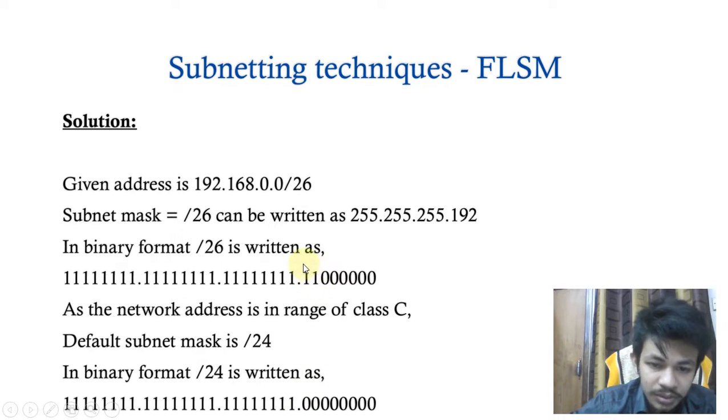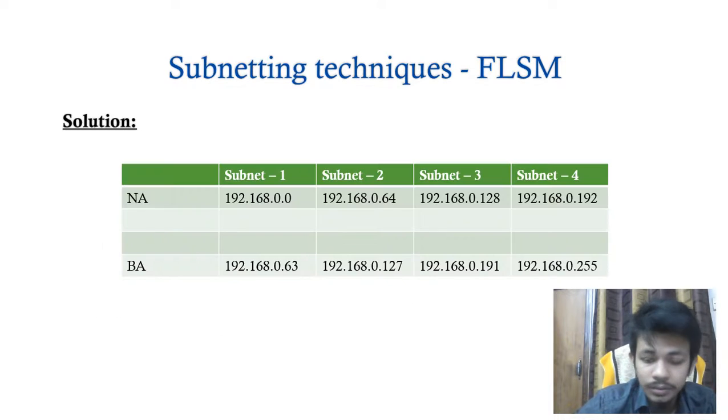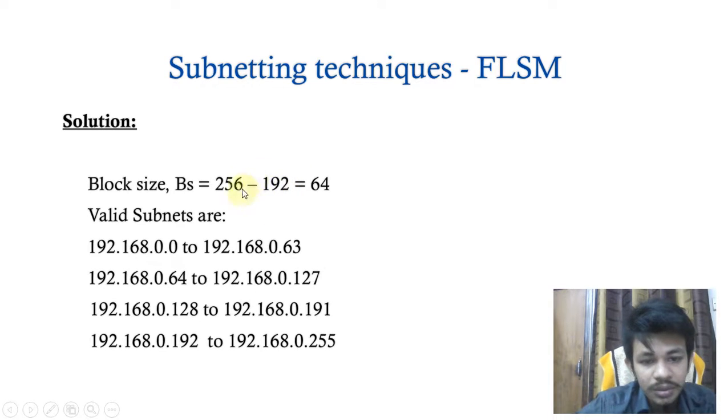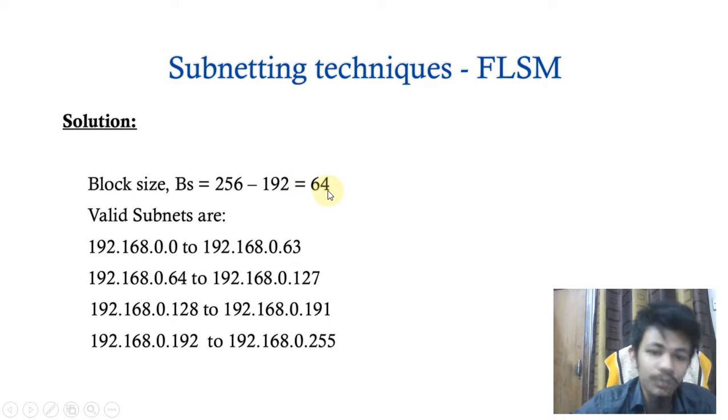The first bit is 128 and the second is 64. If we sum these 2, we get 192. So here we just subtract them from the total. That means in the last octet we are taking 2 ones, and if we sum them, we get 192. If we subtract that from 256, we get 64 as our block size.